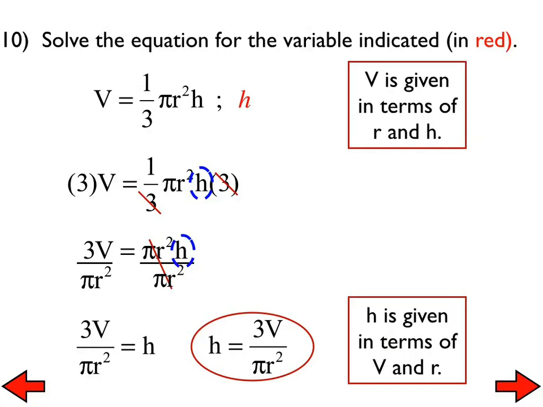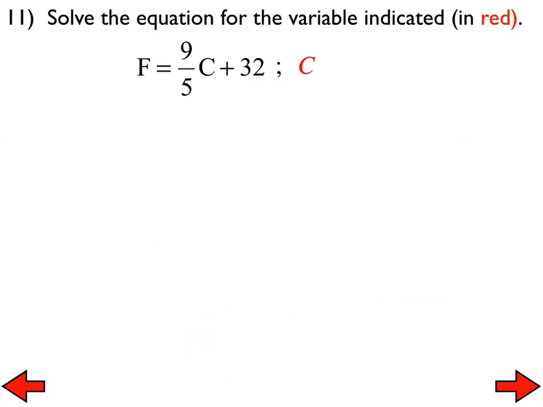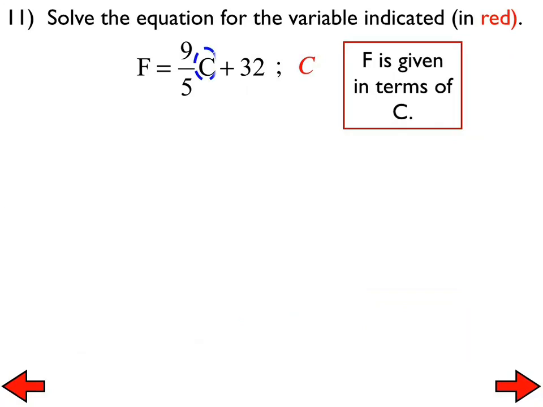All right, number 11, I want to clear out the 5 because I don't like dealing with fractions if I don't have to. The common mistake that I saw from some of you is you didn't multiply the 32 by 5 as well. You have to multiply the entire side by 5. In other words, you're multiplying everything by 5.